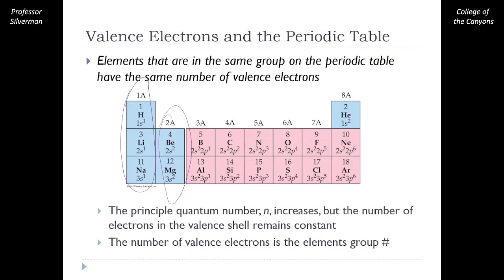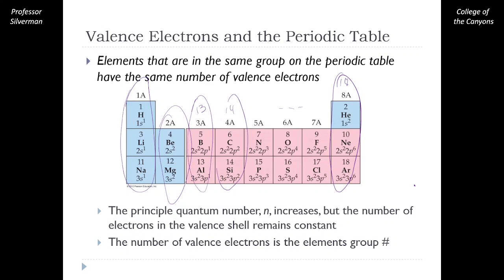Everything in group 3, or I like to call it 13, in the main group, this periodic table is omitting the transition metals. Everything in group 13 has 3 valence electrons. In 14, we have 4 valence electrons, and so on, all the way up to 18, where we have 8 valence electrons in group 18.